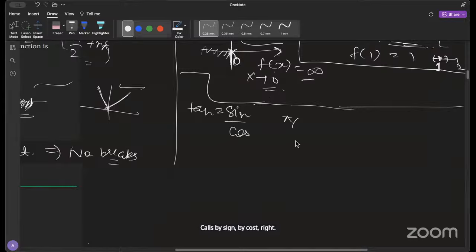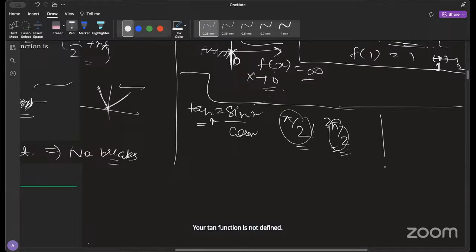And your cos is 0 at pi by 2, 3 pi by 2, and all the odd multiples of pi by 2, right? So at all the odd multiples of pi by 2, your tan function is not defined. Or at least it goes to infinity. I don't know the exact direction right now, but something like this happens, right?